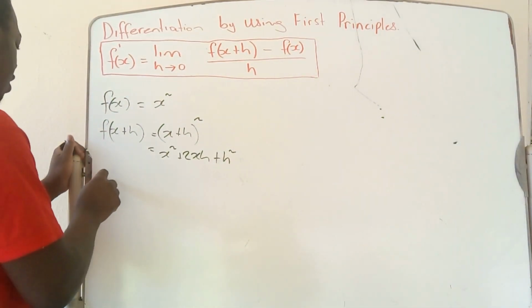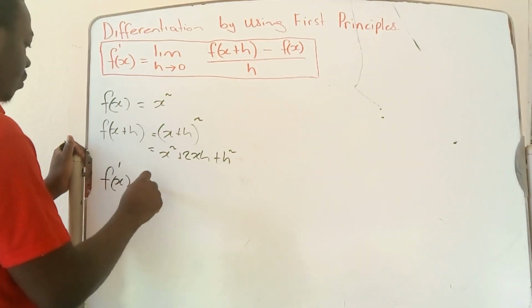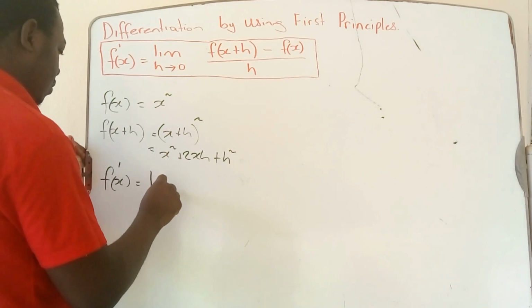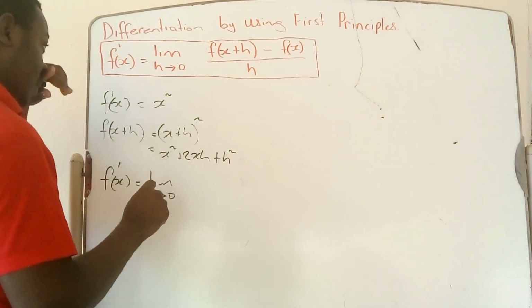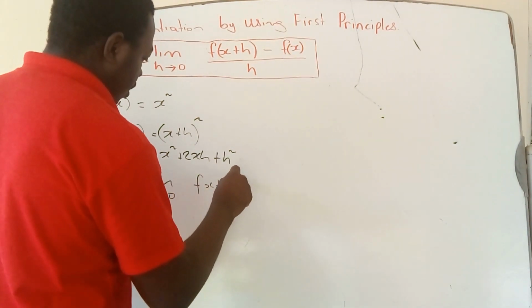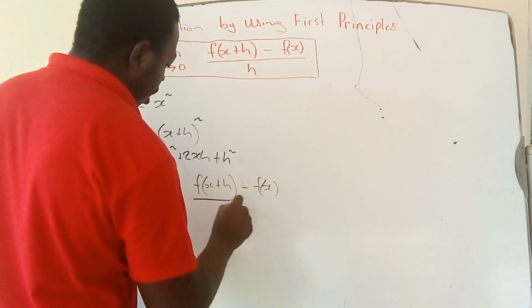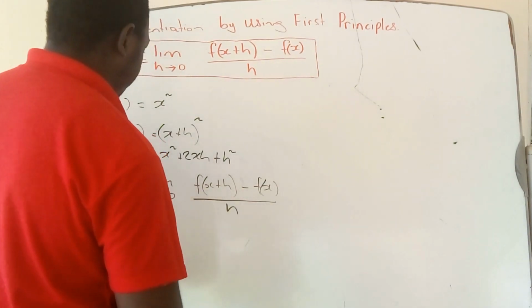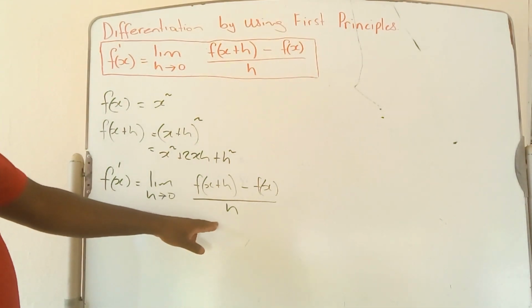How would we apply the first principle for this? We know that the derivative, which is f prime of x, is equal to the limit as h approaches 0 of f of x plus h minus f of x, all of that divided by h. But could we just sub in 0 for h into this function?